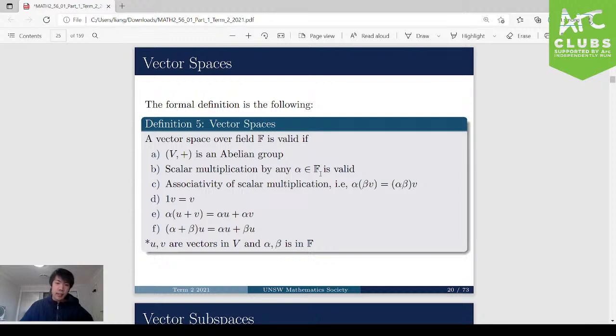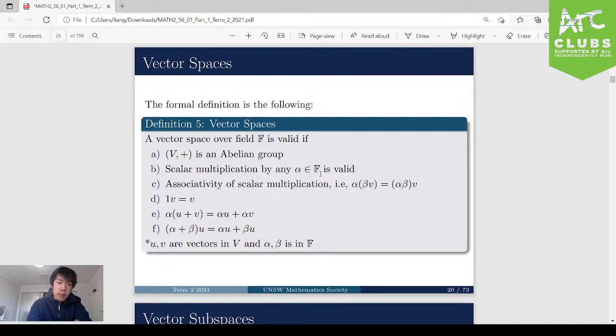The next condition is that there must be scalar multiplication. Any scalar from the field F is valid, so scalar multiplication must work with the field F you selected. The third condition is associativity of scalar multiplication: alpha (beta V) is the same as (alpha beta) V, where V is the vector and alpha and beta are scalars.